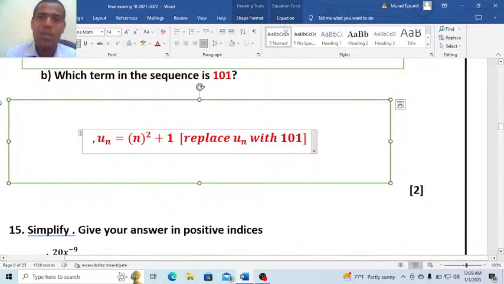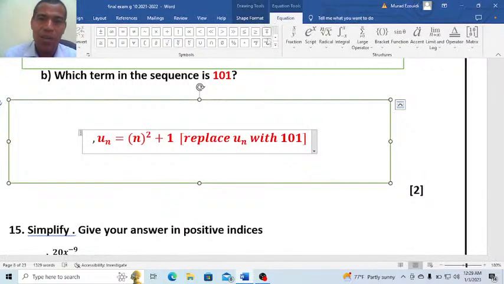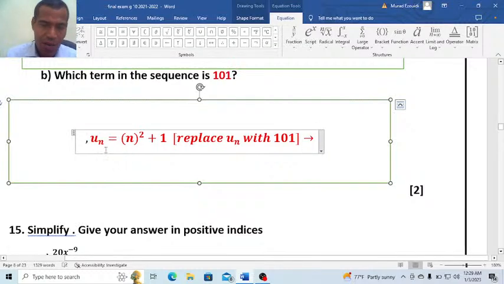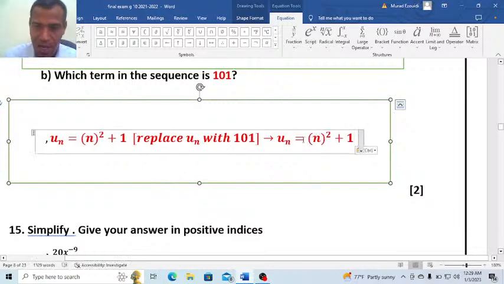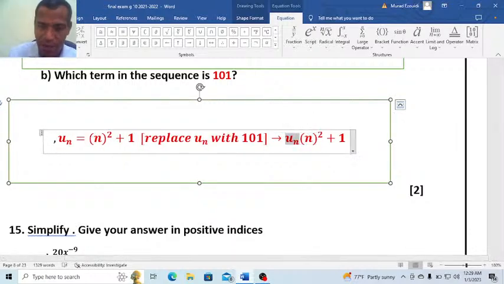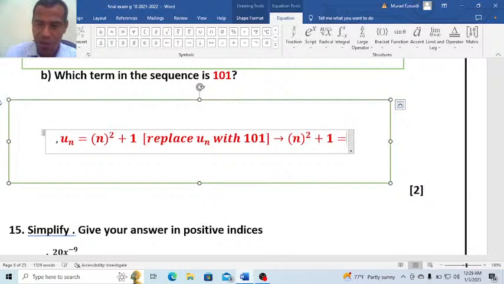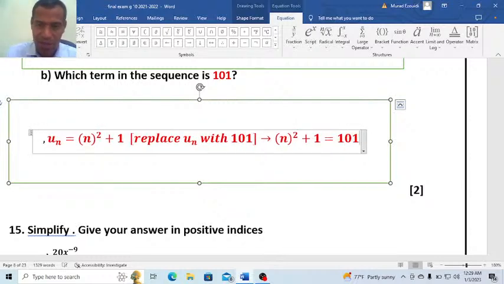Therefore, I'll just now continue. I will write this again, no problem. I'll just write n squared plus 1, which is Un, equal to 101.